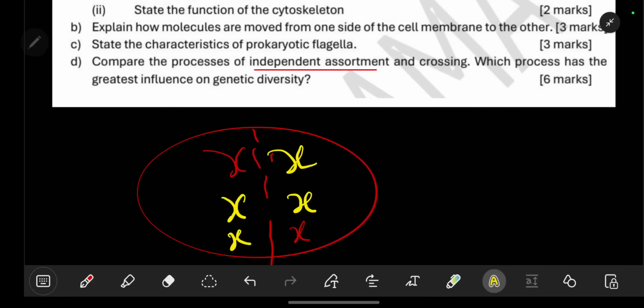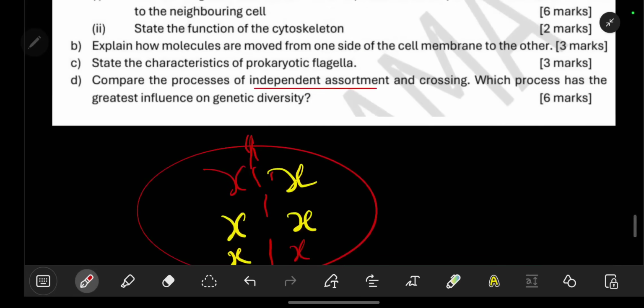So this is done in a random order. So when there is the splitting, that's how we could have many traits in that manner. So that is random or independent assortment.